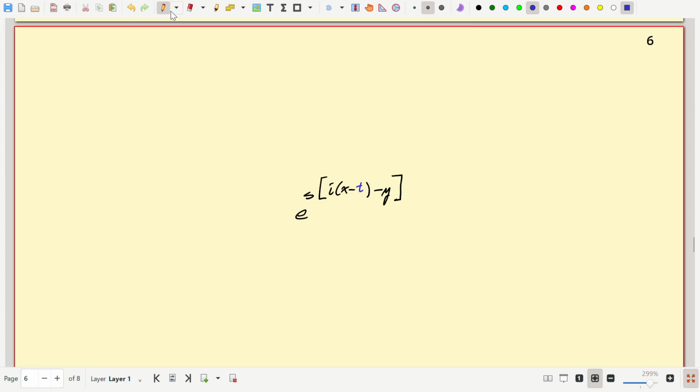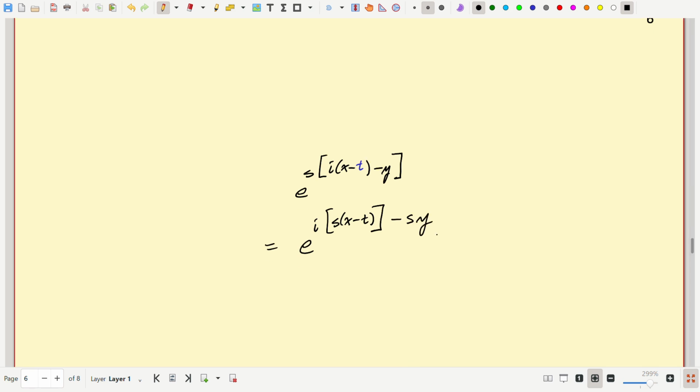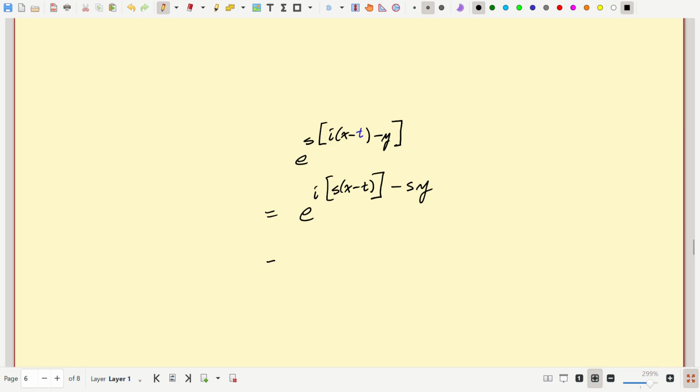This is equal to e to the i times s times x minus t minus s times y. Okay, and that is e to the i times s times x minus t times e to the minus s times y.